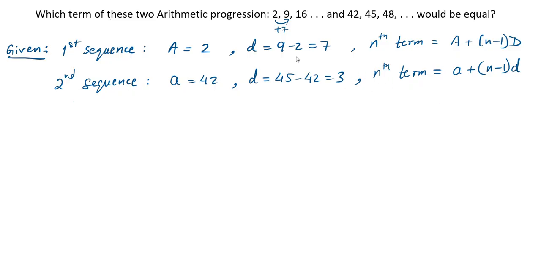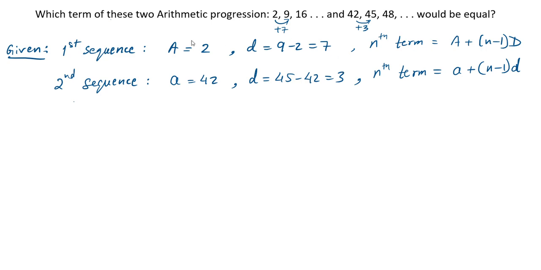Now what's going on here is we don't know which term of these sequences would be exactly the same value. This sequence is increasing rapidly by 7, and this is a bit slower as we are just adding 3 each time. So maybe the 10th term of both of them are going to be equal, or maybe 11th, or maybe 25th, or 29th, or I don't know.